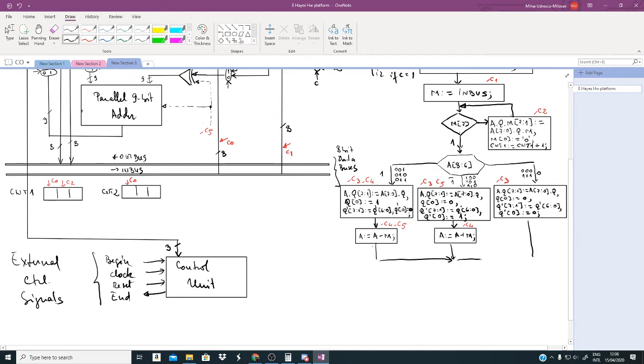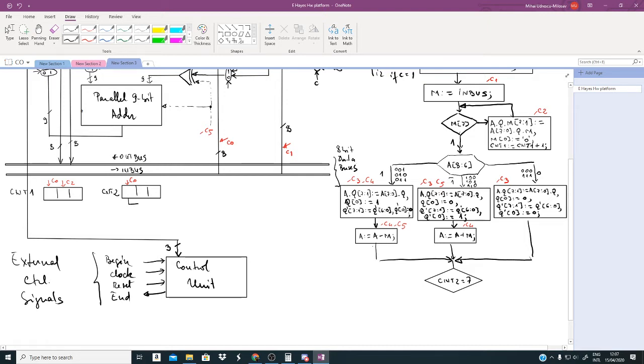We are going to this point where we test if count 2 is 7.